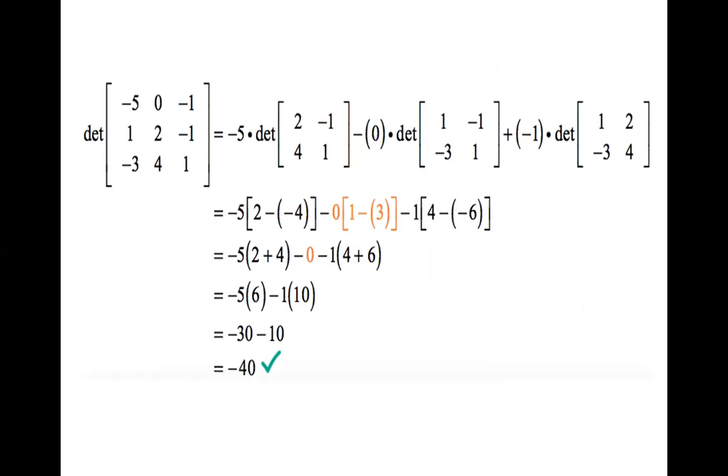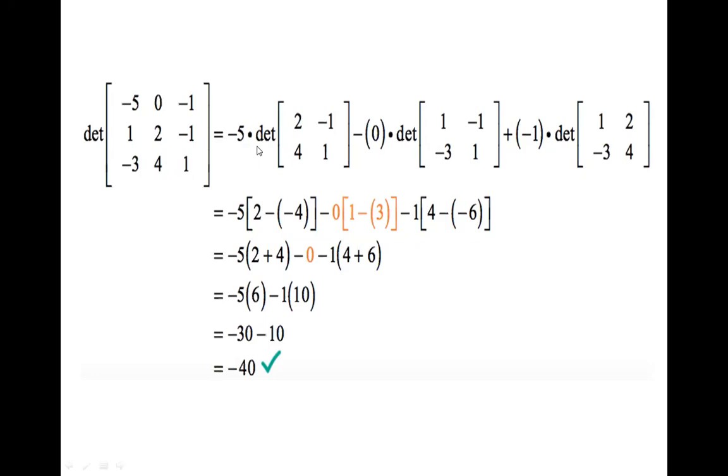So here what we have to do, we have to consider the first element -5. Then for this -5, we have to consider the minor matrix. So this will be 2, -1, 4, 1. Are you getting this? So we have to multiply the first element with its minor matrix.